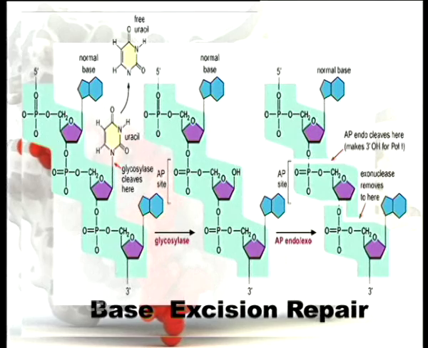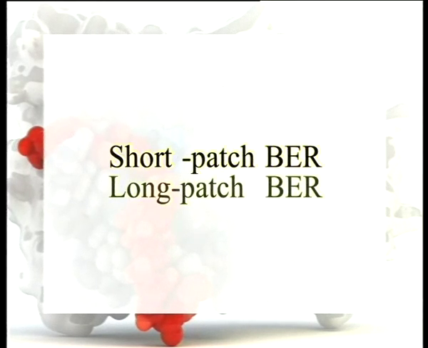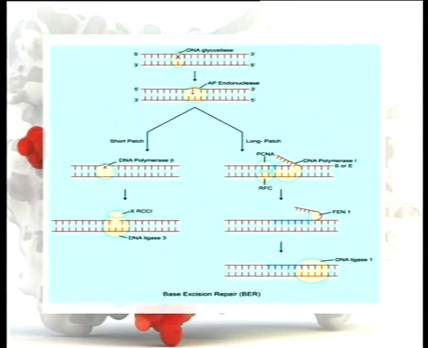There are also two sub-pathways of BER, short patch BER and long patch BER. Short patch BER is initiated by removal of the damaged base by a DNA glycosylase enzyme that is specific for the particular base adduct. In general, these DNA glycosylases move along the minor groove of DNA until a specific type of DNA nucleotide is recognized.